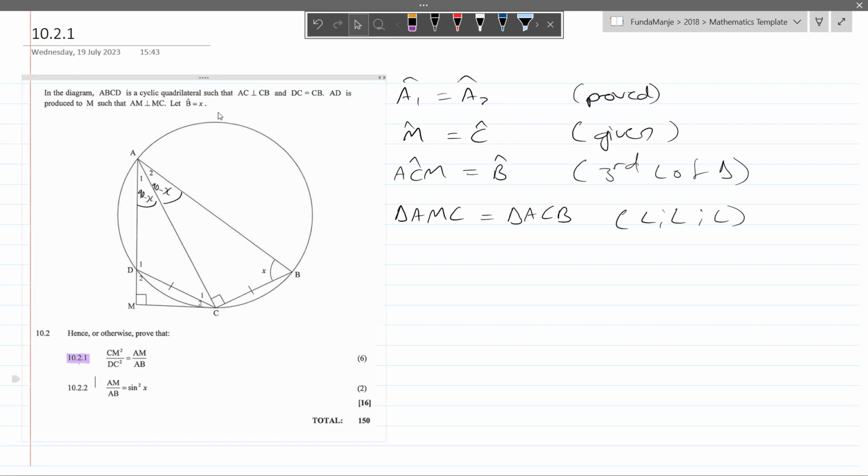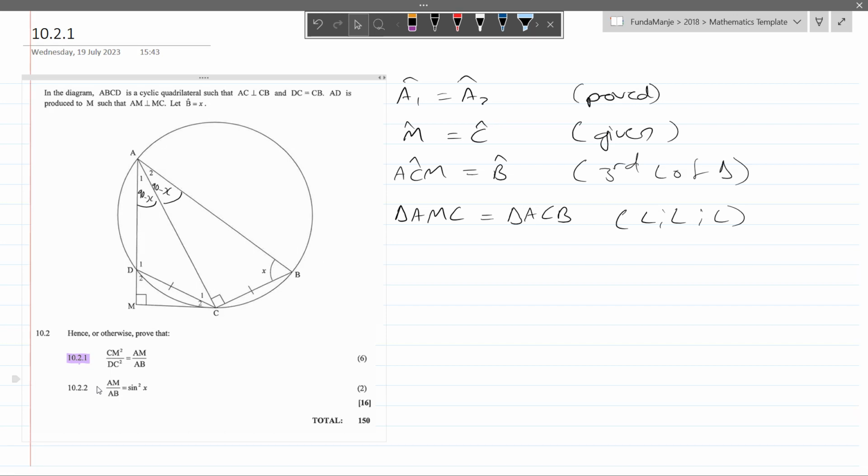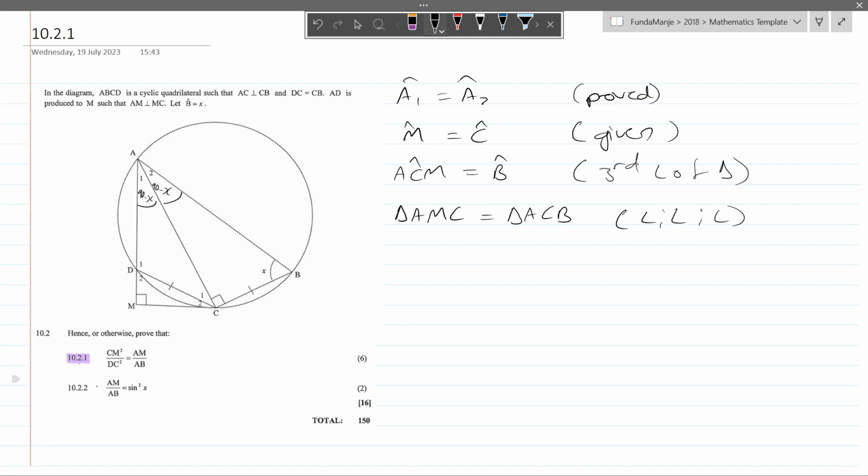Then from this we just have to now draw something similar to this. So we see CM, and we see, what else do we see? We see AM and AB. So we just have to try and play around with these ratios such that we get something similar to this at the end of the day.